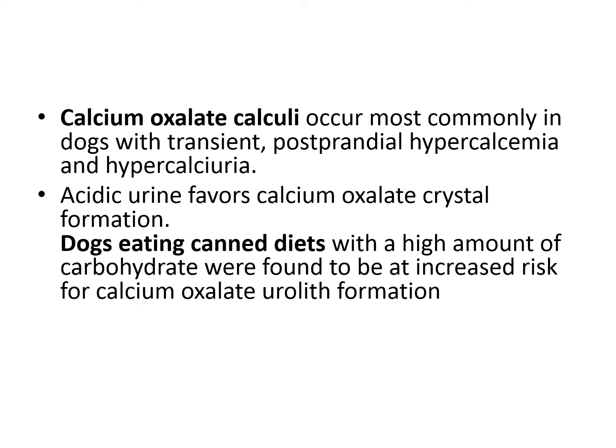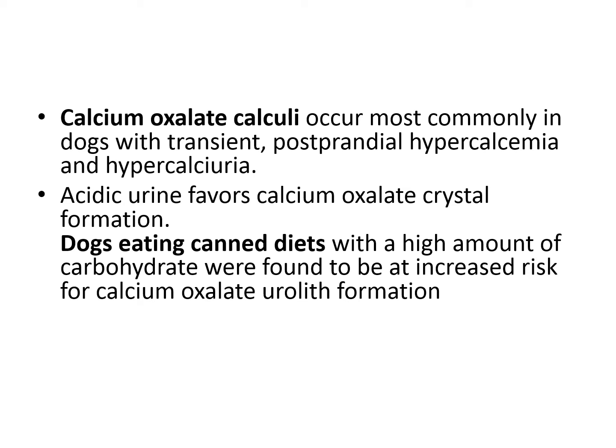Similarly, the second type of calculi which has been reported in dogs is the calcium oxalate calculi. The most contributing factor for the development of calcium oxalate calculi is transient postprandial hypercalcemia, when there is an increased level of calcium after eating food, particularly in those dogs which are restricted to eat canned diets, and particularly those diets which contain a high level of carbohydrates.